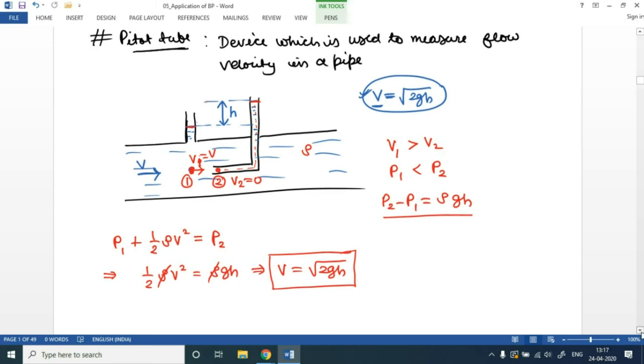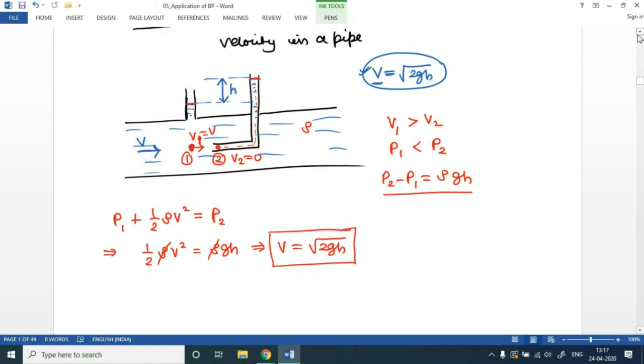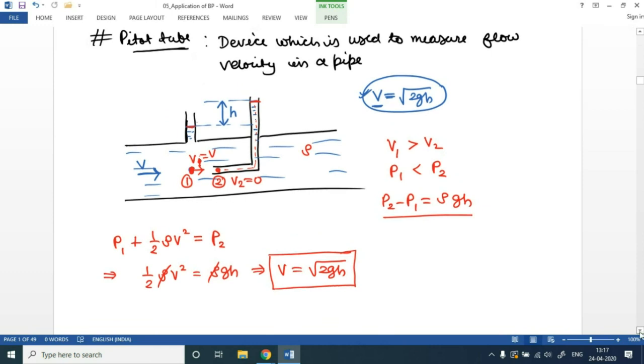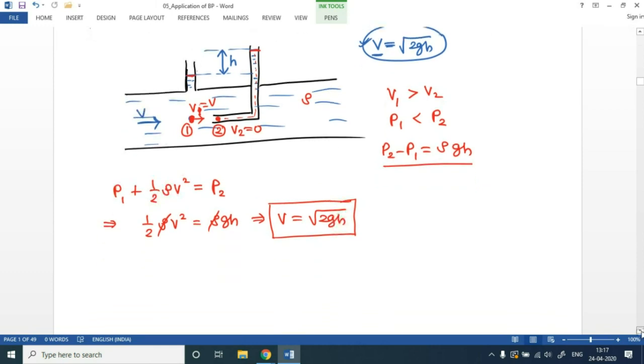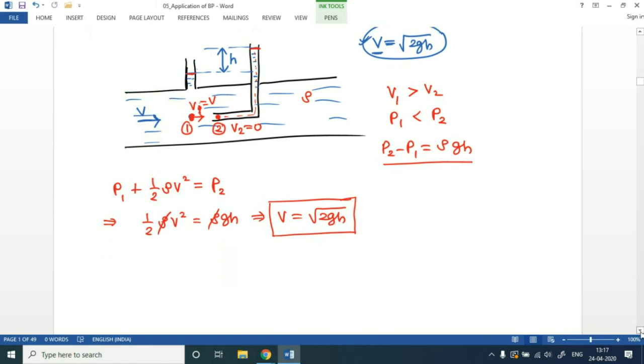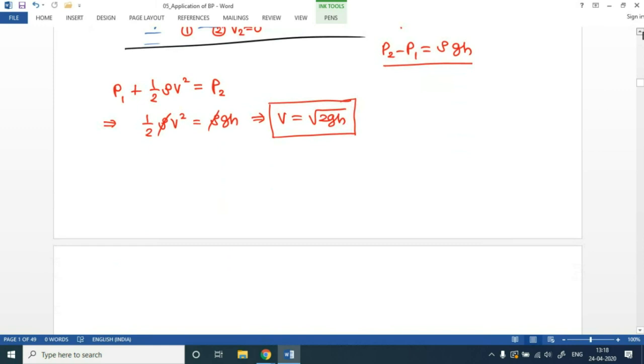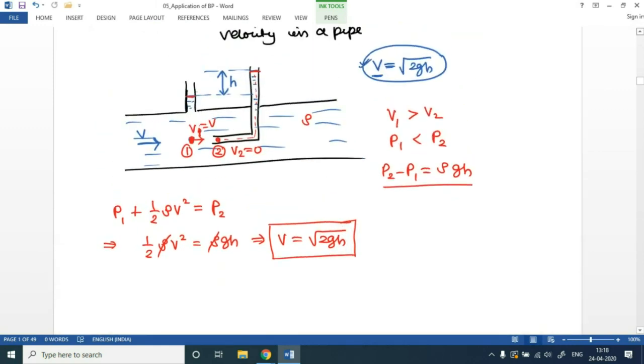So that is how we were able to measure the flow speed in this piping system using a Pitot tube. There can be an alternate arrangement of the Pitot tube, which is useful if gas is flowing in the pipe. In order to measure the gas flow velocity in the tube, we cannot use this arrangement of the Pitot tube, because here both of these columns are open.